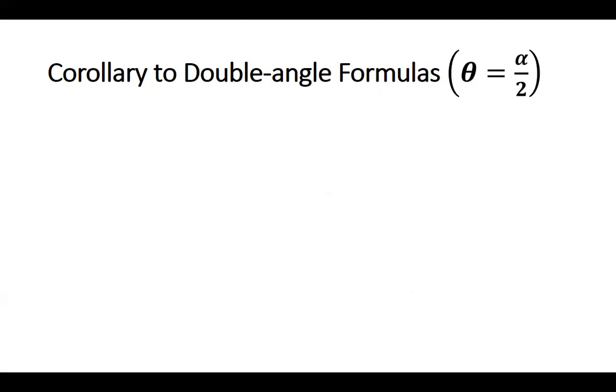Yet another corollary to double angle formulas, and this comes off of what we were just looking at, when theta is equal to alpha over 2. So sine squared of alpha over 2 is equal to 1 plus cosine alpha over 2.